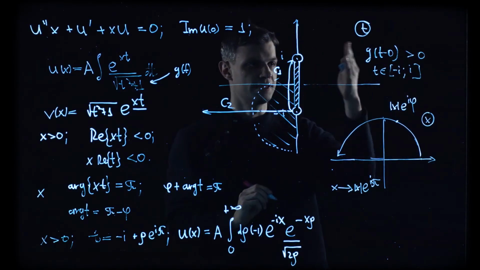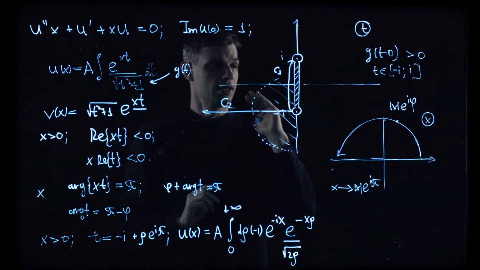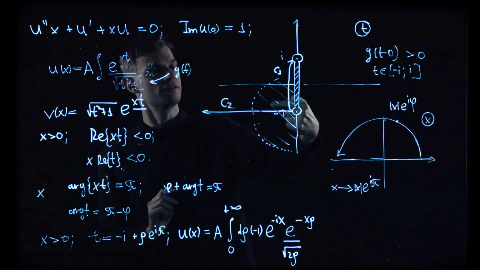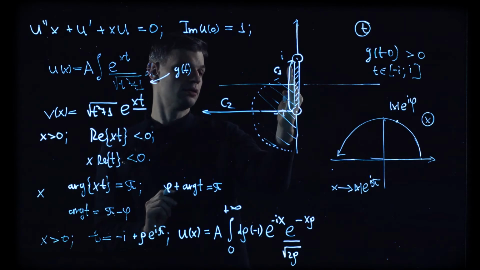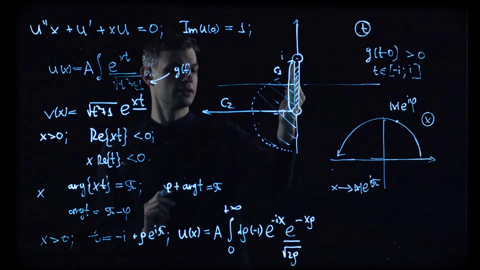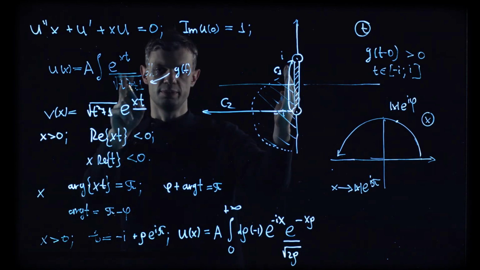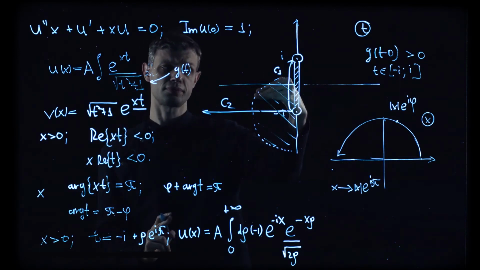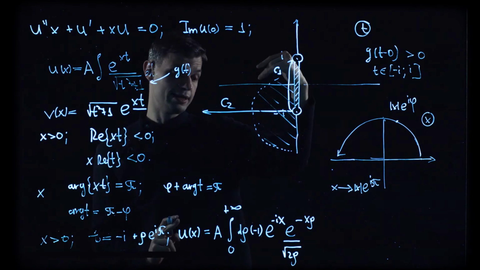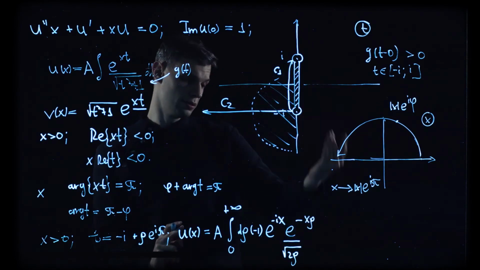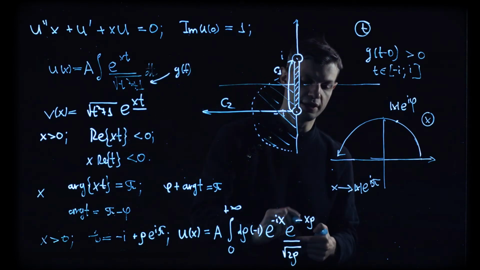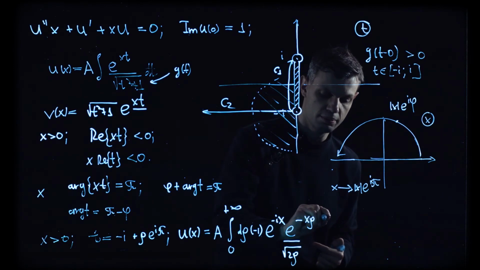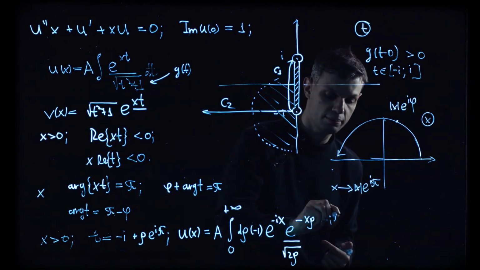So this is a fixation of the regular branch. Now we move in this direction. So our t plus i factor changed its argument by pi by 2. The square root gives pi by 4, and we put it in the denominator. So it's going to be minus i pi by 4.